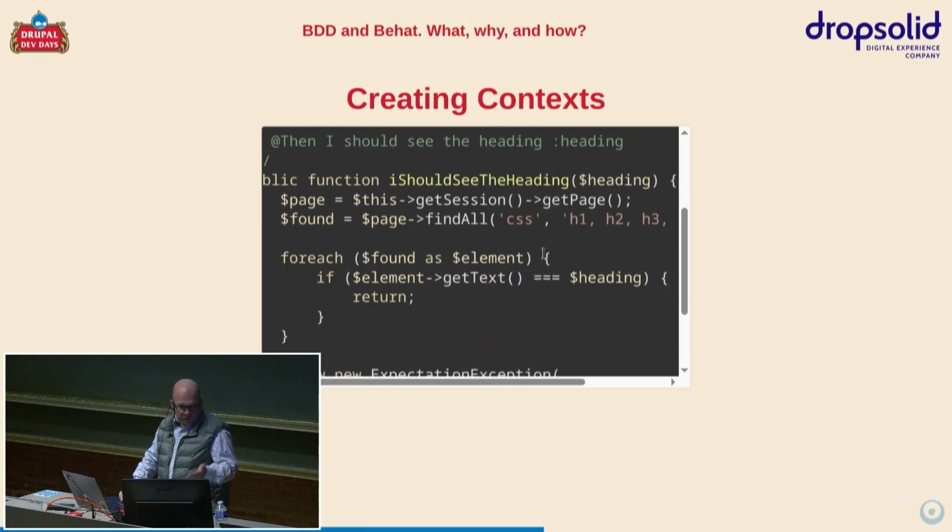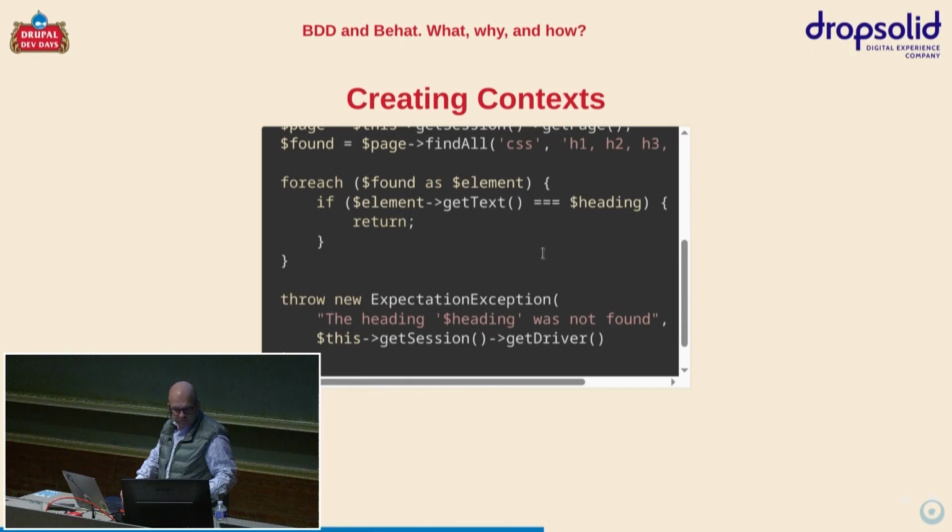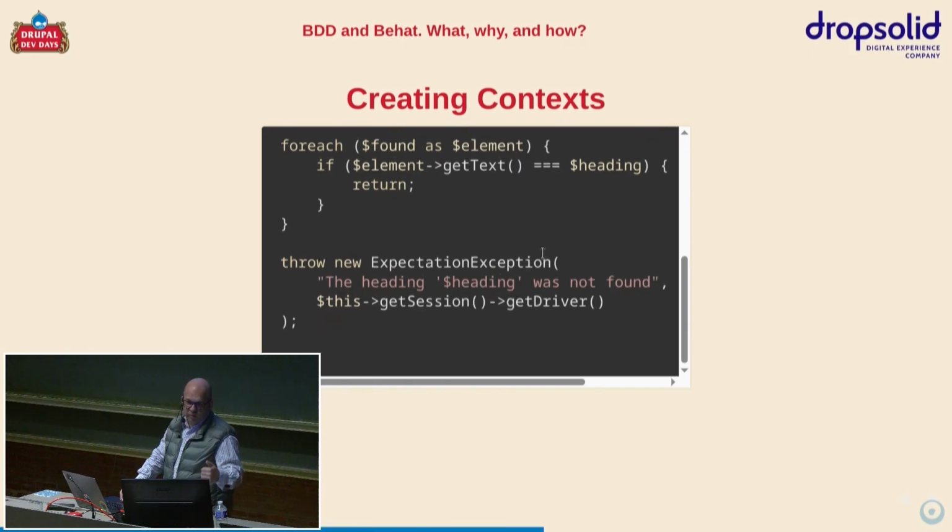And we're checking if the text of these elements that we're looking for matches the parameter of the function. Okay, and then if we don't find anything, we throw an exception, and that tells Behat that something is wrong, and that specific test has failed.